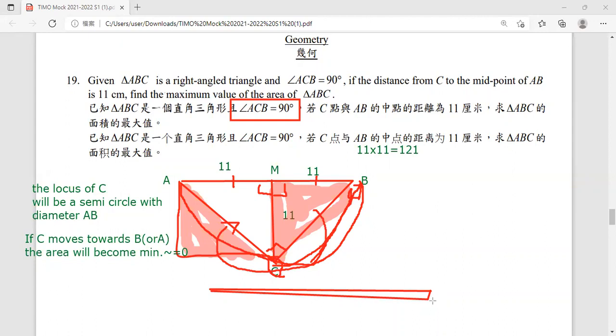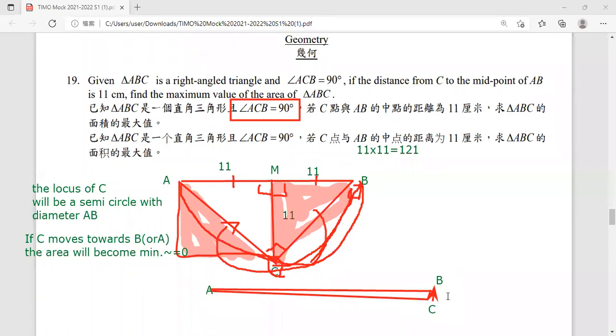Okay. When you put it here, when C overlaps with B, then the area will be 0. You will consider when C is dragged to B, then the other function will become 0.